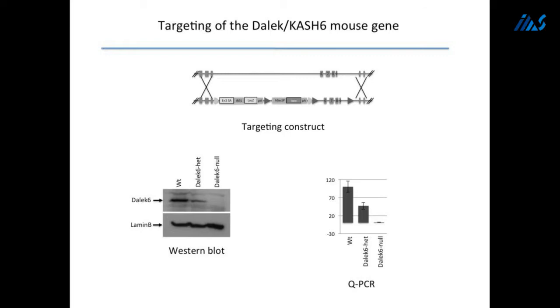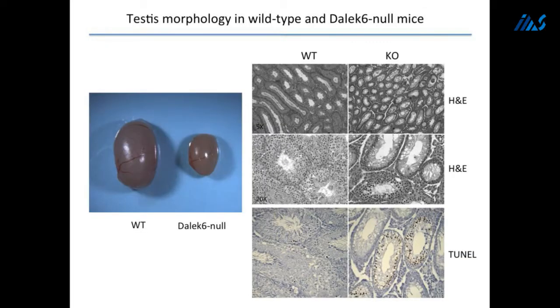But basically, we were able to knock this protein out, and lo and behold, we got a phenotype which was more or less predictable. When we looked at testes from wild type versus Dalek null mice, you find that the mutant mouse testes are about a quarter the size of their wild type counterparts.